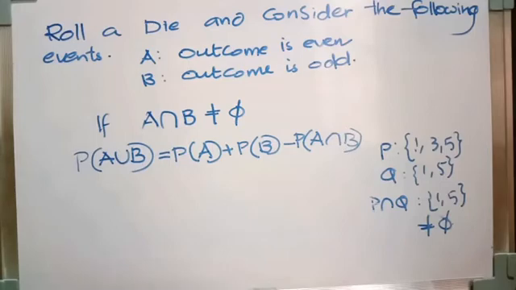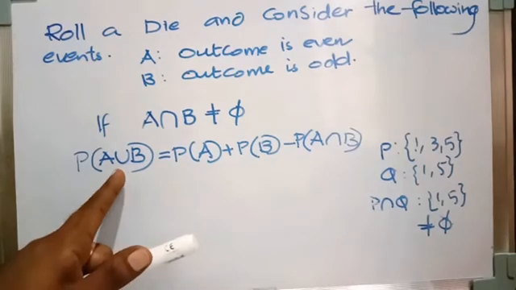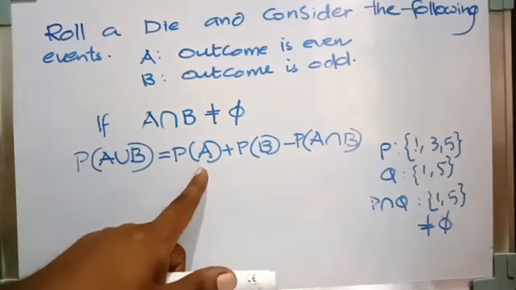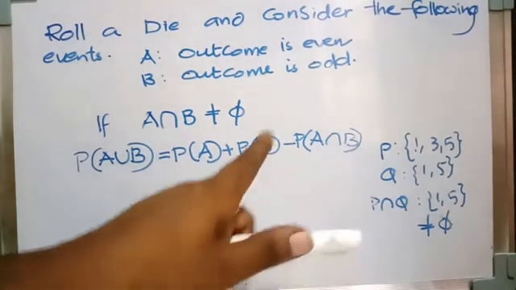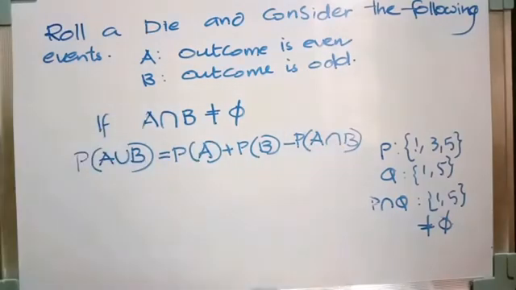Then addition law states that probability of A plus probability of B minus probability of A intersection B.